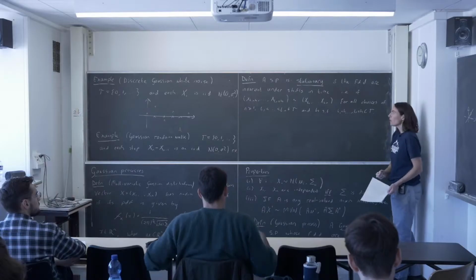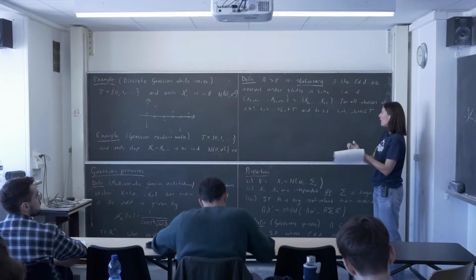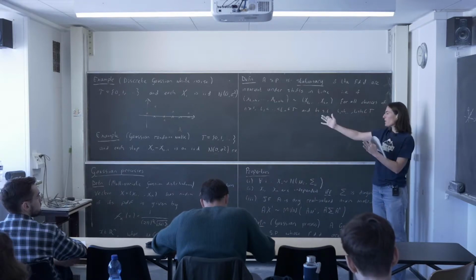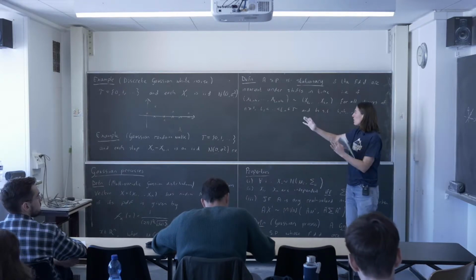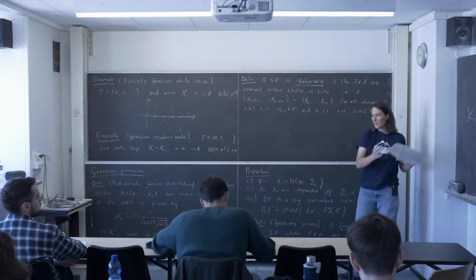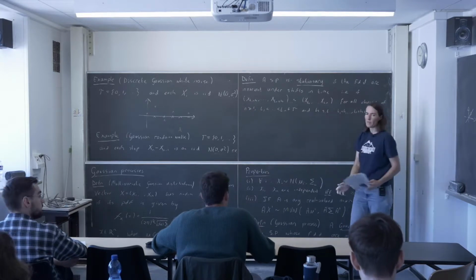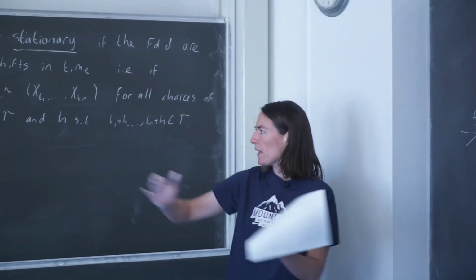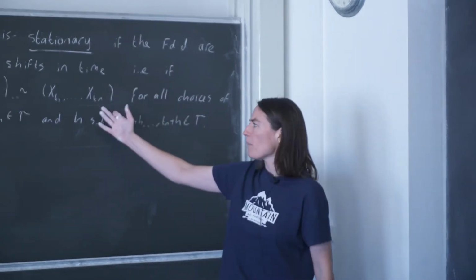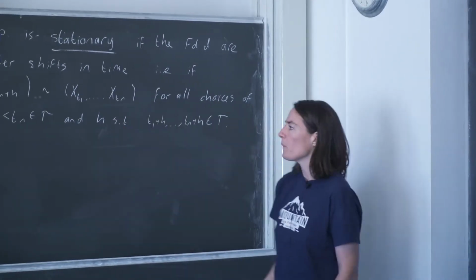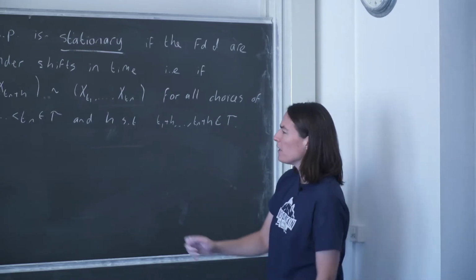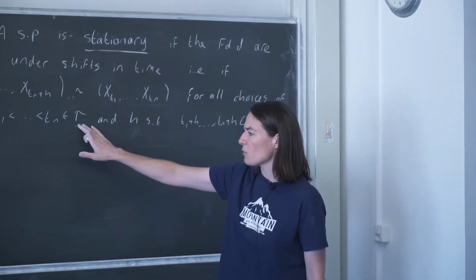Okay, so essentially all that means is if I just pick particular points in time and look at the finite dimensional distributions, and then I shift everything by a certain amount and look at the finite dimensional distributions after that complete shift, the distribution wouldn't be any different. And you just need to be a little bit careful here with the index sets that we're mostly using.